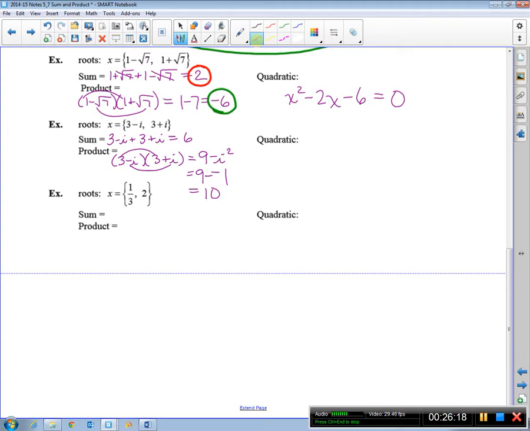What's the quadratic? We have a 6 here. We have a 10 here. So we have a negative 6 here and a 10 here. And we are good. Last one has a scary fraction in it. Let's add 1/3 plus 2 is equal to 6/3.